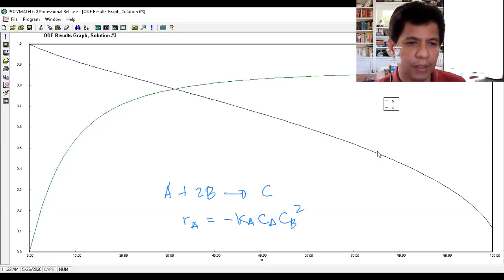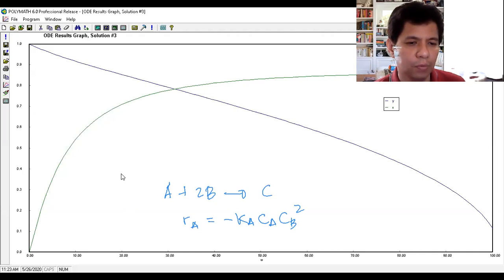So, halimbawa, you are asked what would be the weight of the reactant if the conversion is around, say, for example, 70%. So, yun, 20, ano? Around 20.